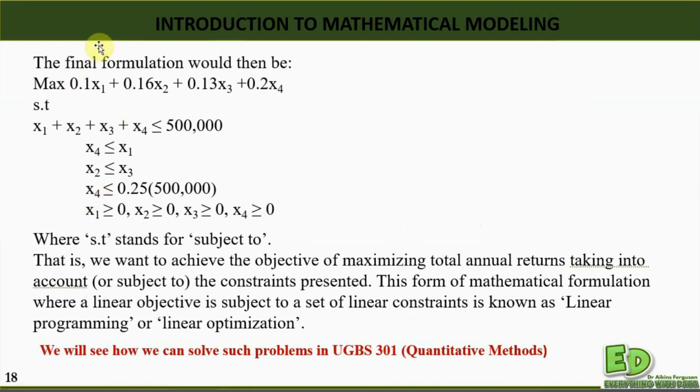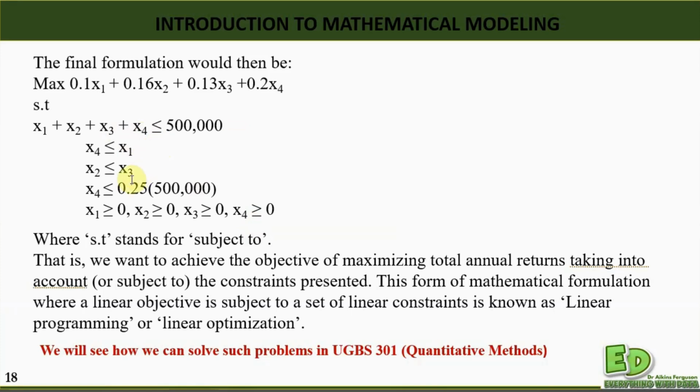So based on that, the final formulation will be this: our objective function, right? That's to maximize profit based on the annual returns. The returns are going to maximize our profits. So it is subject to, so ST is subject to this constraint over here based on the amount available, the amount invested in personal loans cannot exceed the amount invested in bonds.